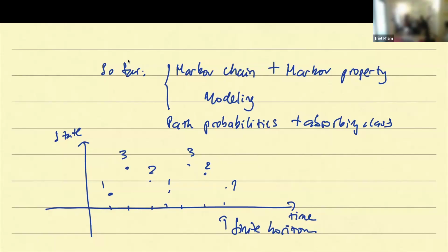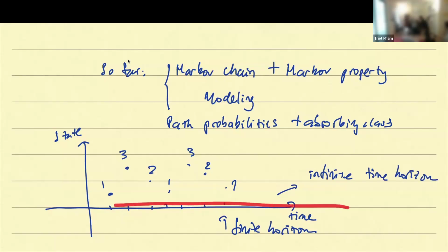For the remainder of the chapter, we'll move to a very important, not separate, but new idea, which deals with the infinite time horizon. So now we open ourselves up to looking at the chain moving on forever.